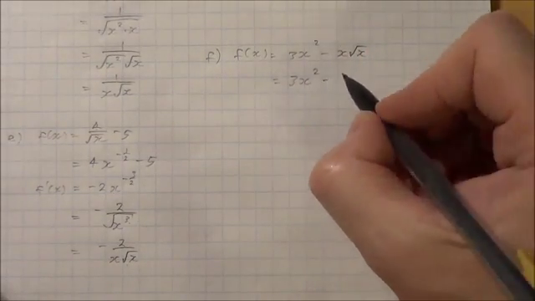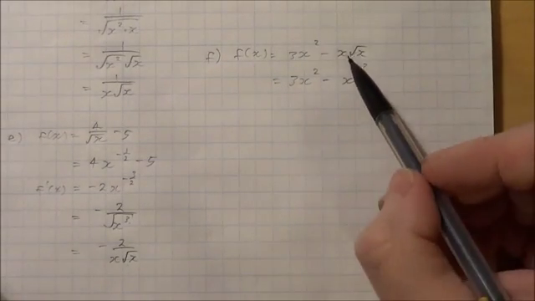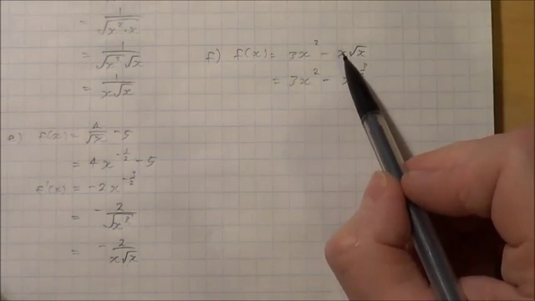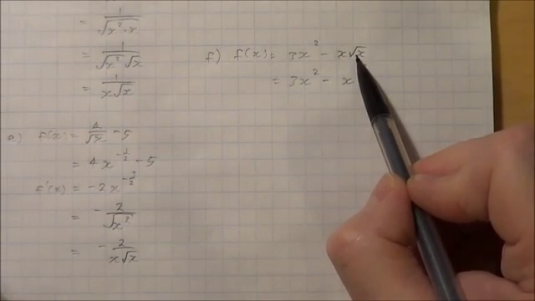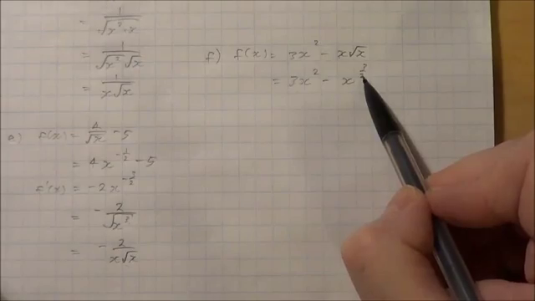So that becomes minus x to the 3/2, because the square root of x squared times the root of x gives the square root of x cubed, which can be rewritten as x to the 3/2.